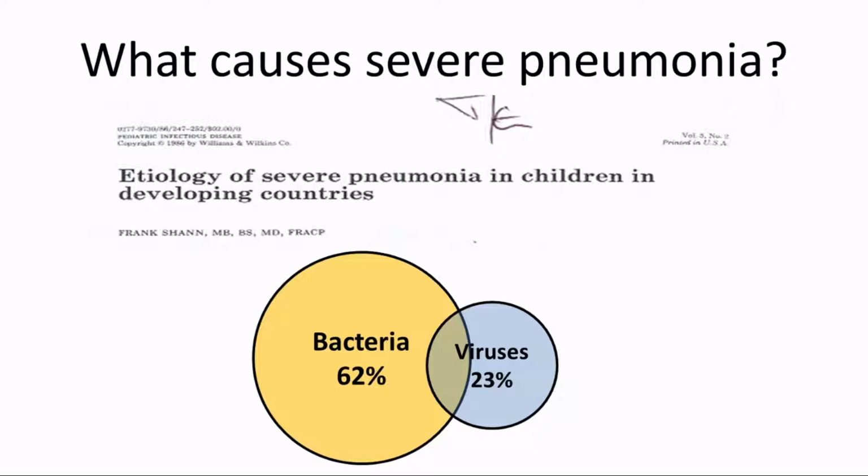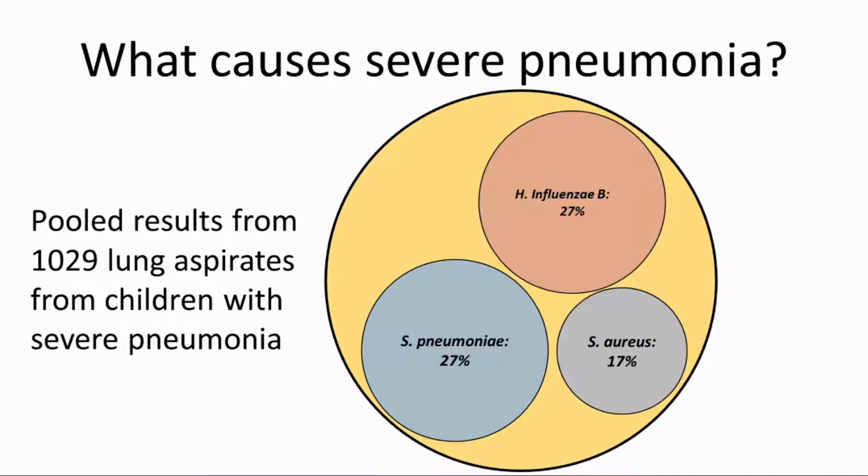And just to summarize, the paper reports that 62% of the children who were included in these studies had bacterial etiologies, and 23% had viral causes for their pneumonia, with some overlap between the two. And drilling down further in the same paper, the specific bacteria which were identified as predominant causes for pneumonia were Streptococcus pneumoniae, Haemophilus influenzae, and Staph aureus.